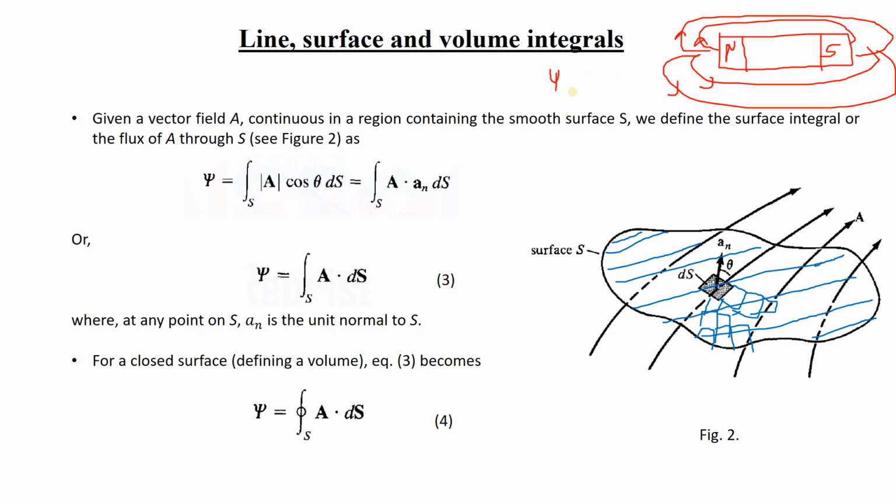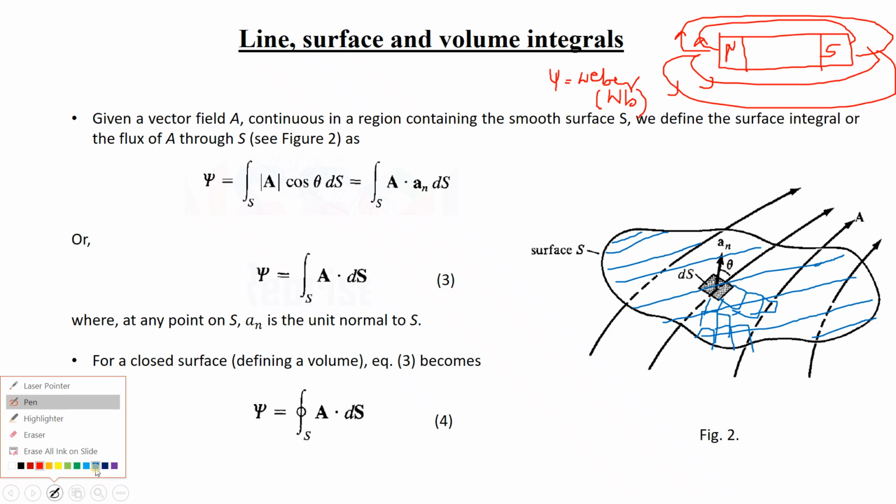Magnetic flux is represented by phi or psi, and the unit is Weber, in short we write Wb. Now this is called flux.